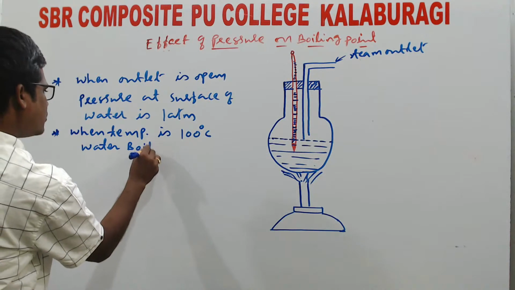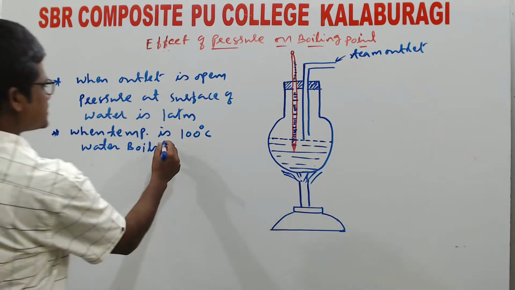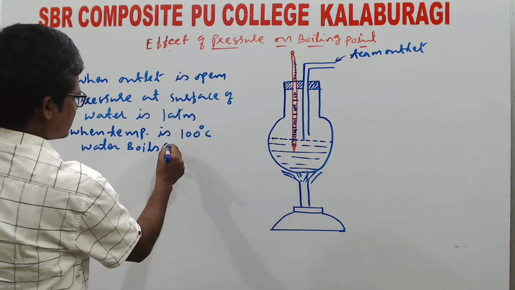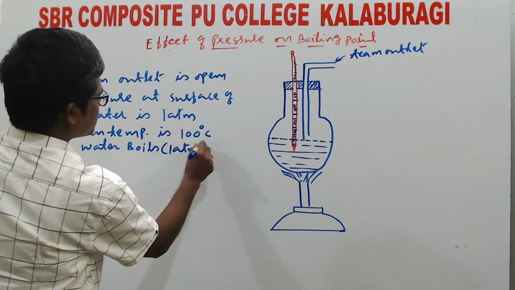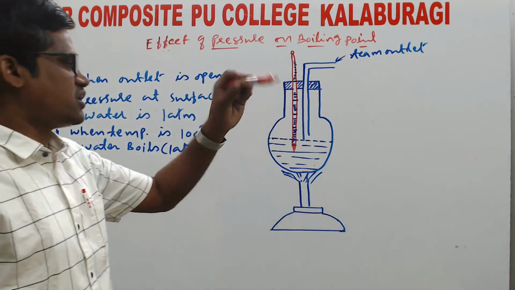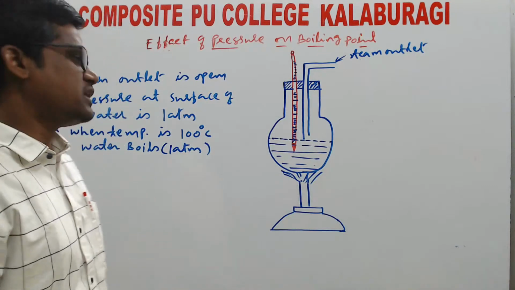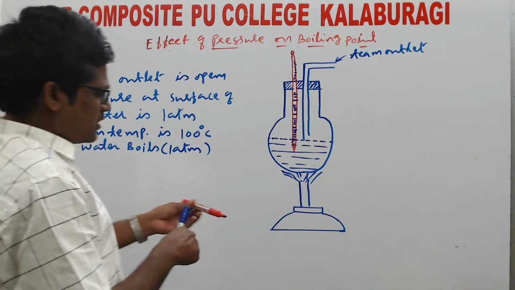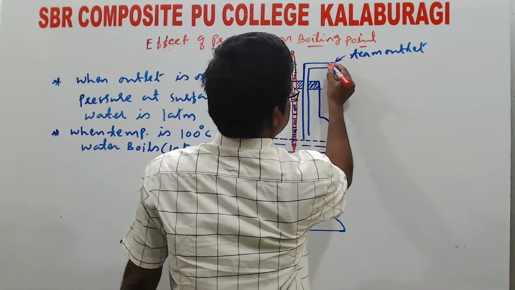Because what is the pressure on that water? If pressure is 1 atm, then definitely water always boils at 100 degrees only. Now what I will do, I will close it.